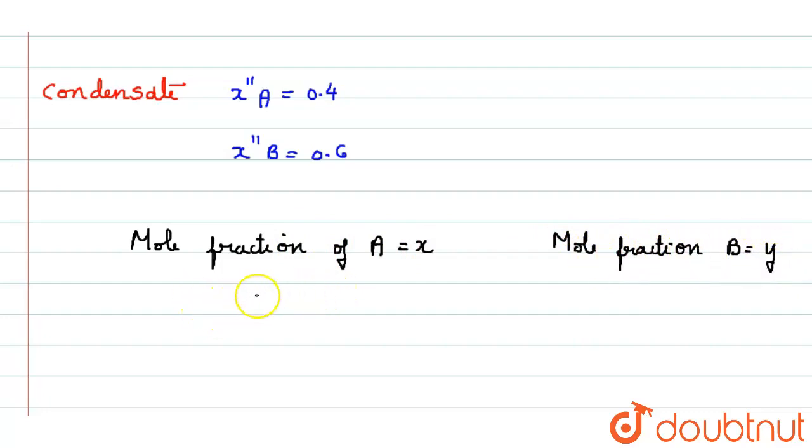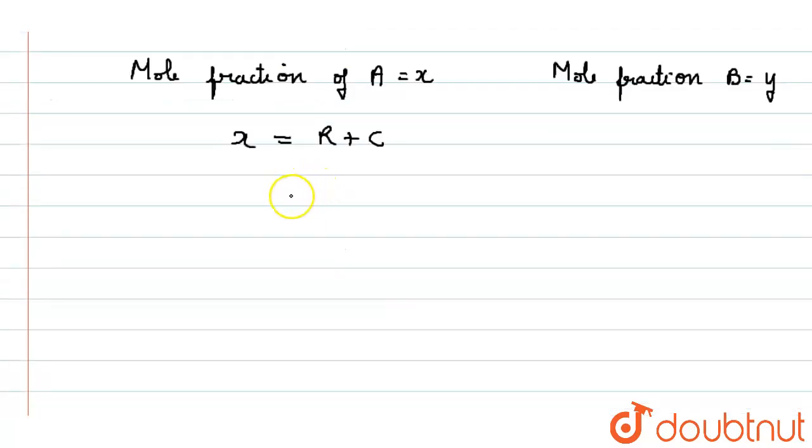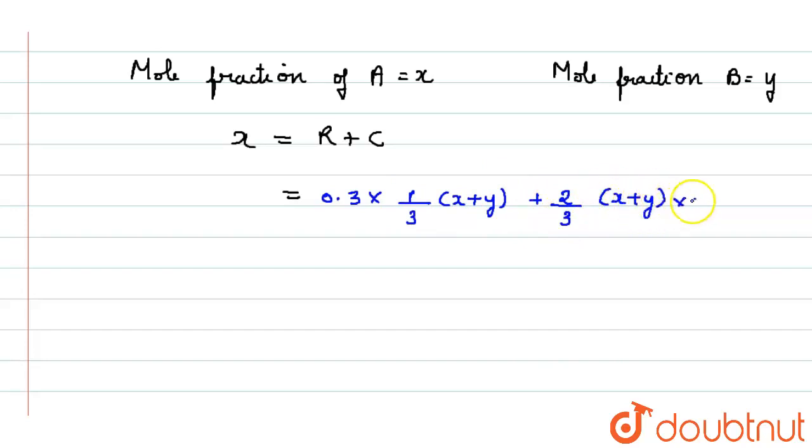Okay. So we know that X is its residue plus condensate. How to solve this? The residue is 0.3 into 1/3 of X plus Y. Similarly, 2/3 of X plus Y into 0.6.